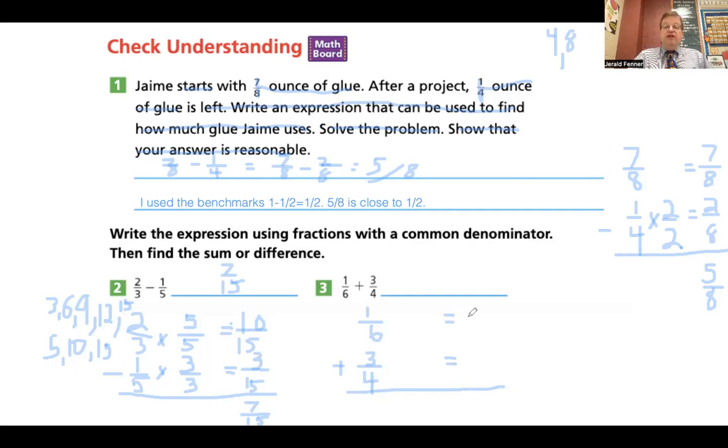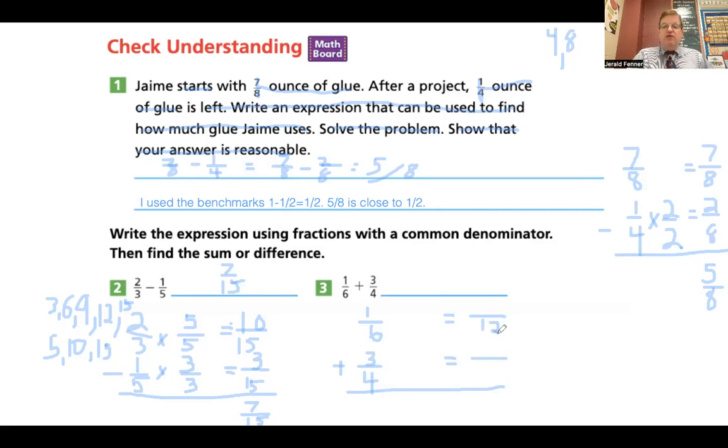So you can start to see some of these patterns developing. When you see 6 and 4, you're going to know it's 12. When you see 3 and 5, you're going to know it is 15. When you see 2 and 3, you're going to know that it's 6, because they repeat a lot.